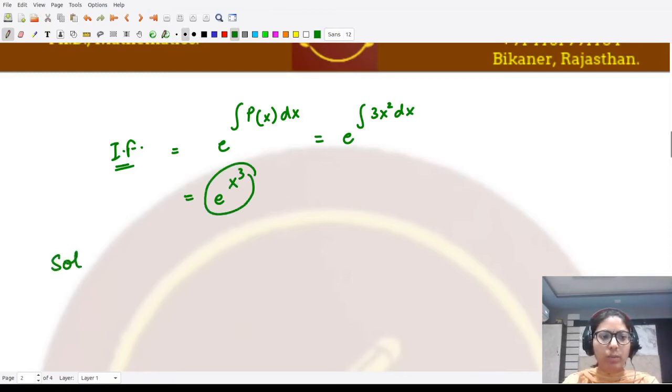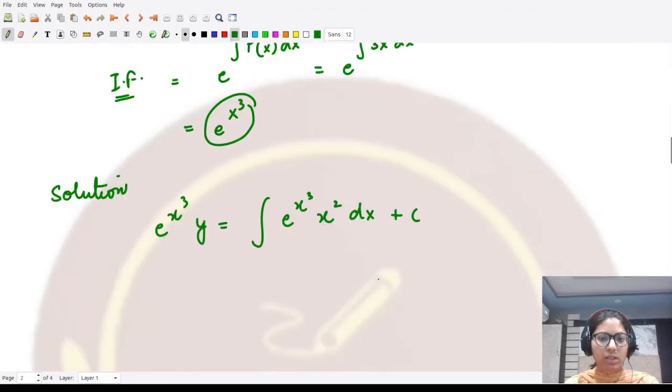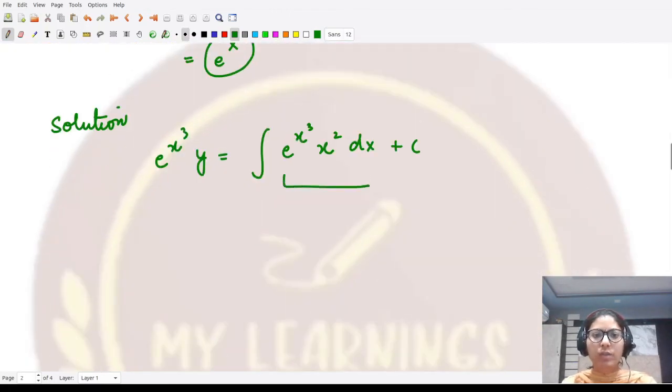So what would be the solution in this case? We multiply this integrating factor with y, and this is equal to the integration of e to the power x cube into the right hand side, which is x square dx, plus the constant of integration. How do we perform this integration? That is very simple. Put x cube as some other variable, say t.